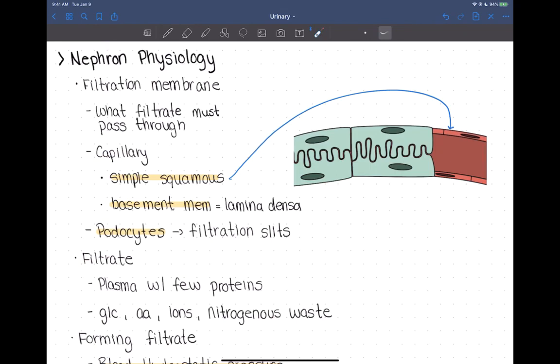Okay, and so those podocytes, the filtrate is not actually going to pass through the cell itself. It's going to pass through these little gaps in between the feet of the cells, and those are called the filtration slits. Okay, so that filtrate has to pass through these filtration slits between those podocytes.